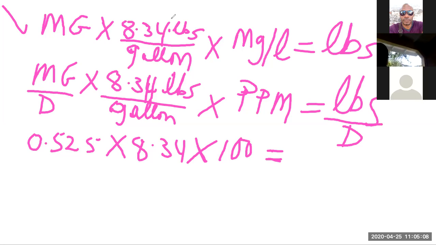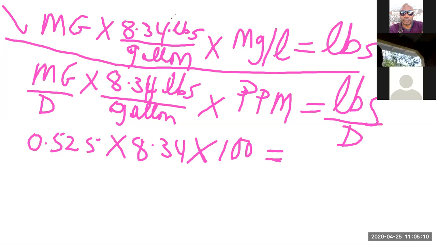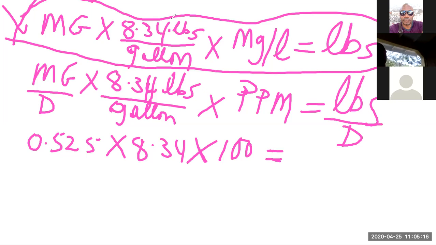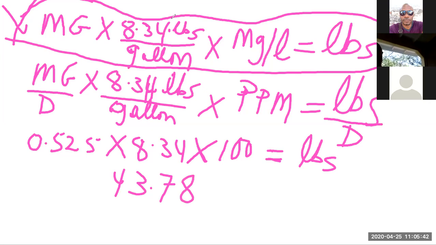So if you work that, remember here, we're not talking about that flow, we're not talking about a day or 2 days or whatever. If you work that, if you have a calculator there, that should give you 43 nice pounds. That should give you 43.78 pounds.